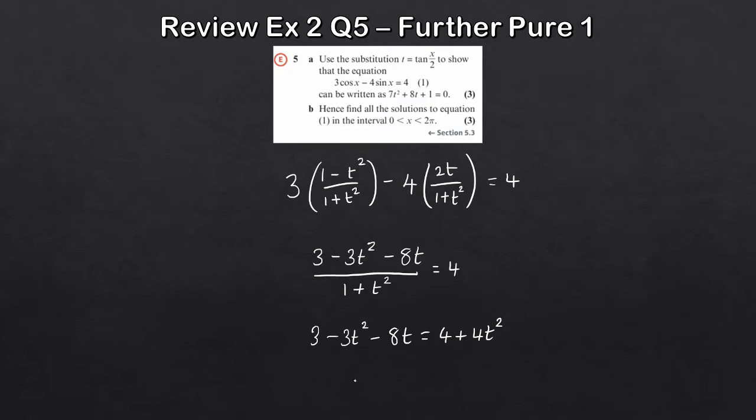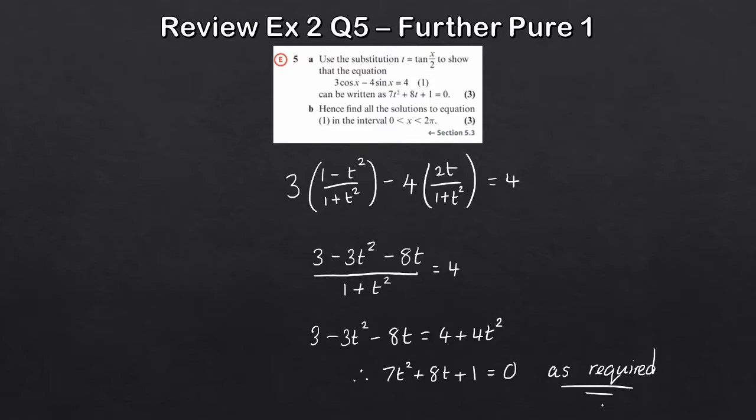So therefore 4t squared plus 3t squared gives us 7t squared. Minus 8t onto this side, so that's just 0, plus 8t gives us positive 8t. And then 4 take 3 just gives us plus 1. Okay, so we obtain the quadratic as required.